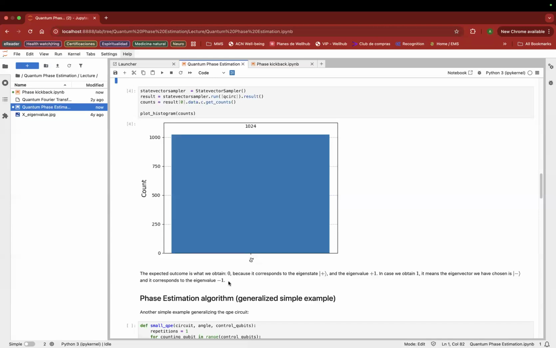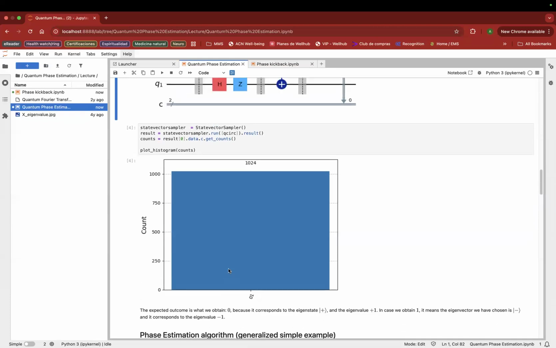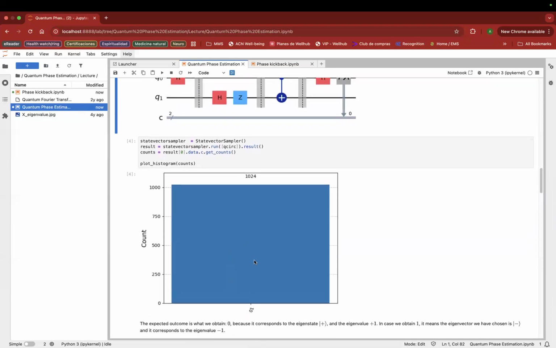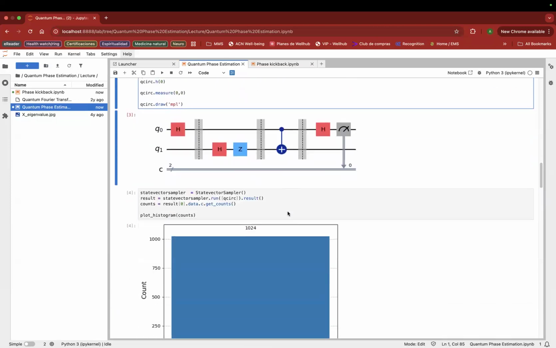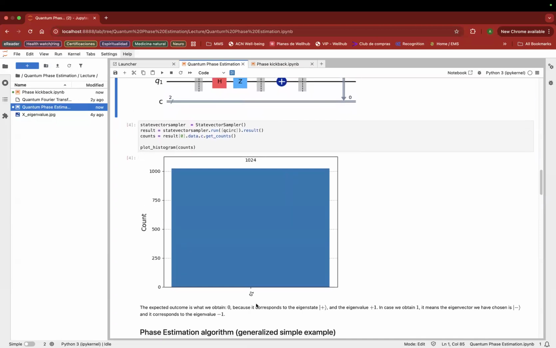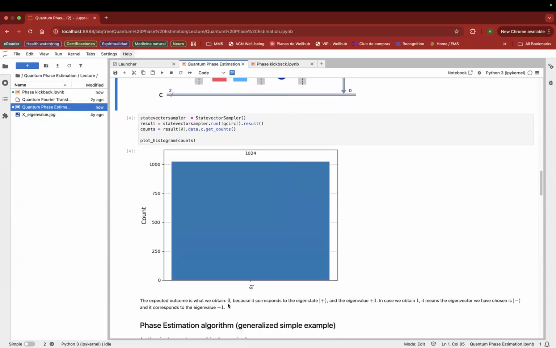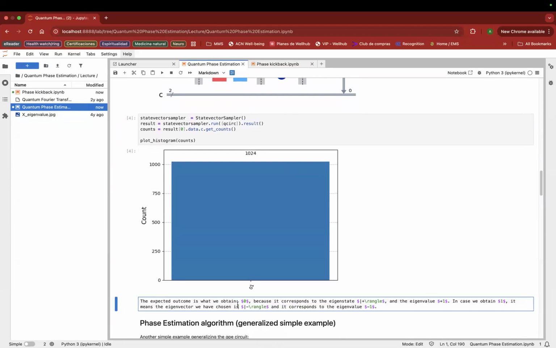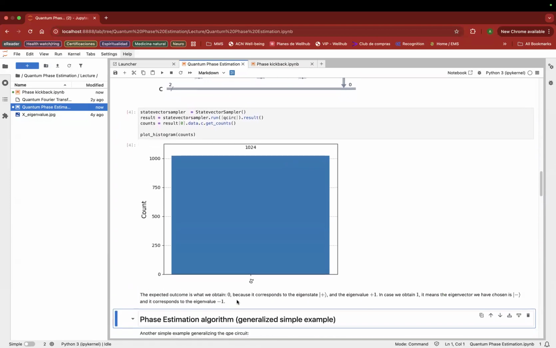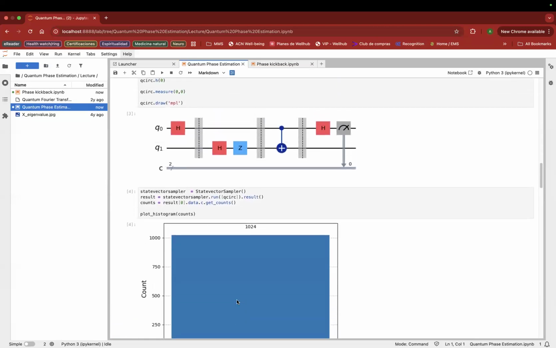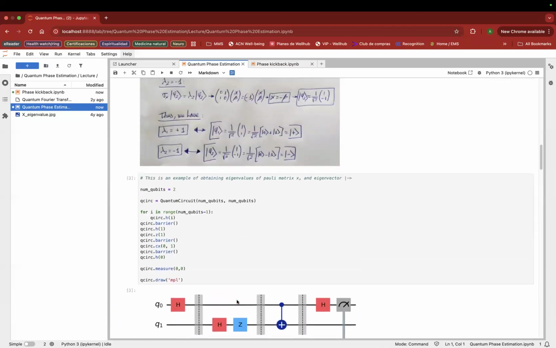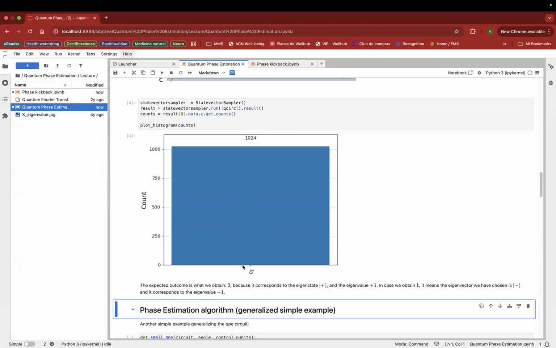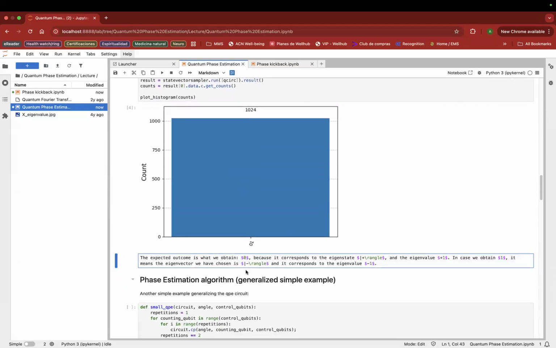Let me see. Yes, this is not correct. Maybe it's correct. This is correct.